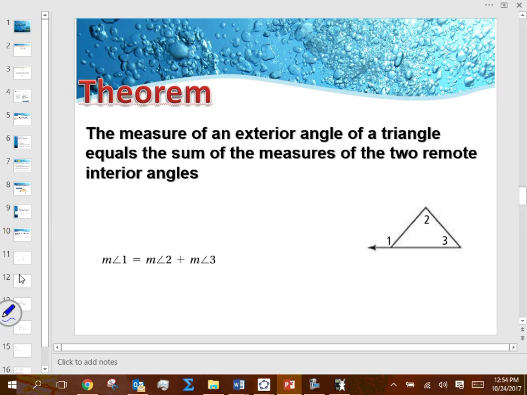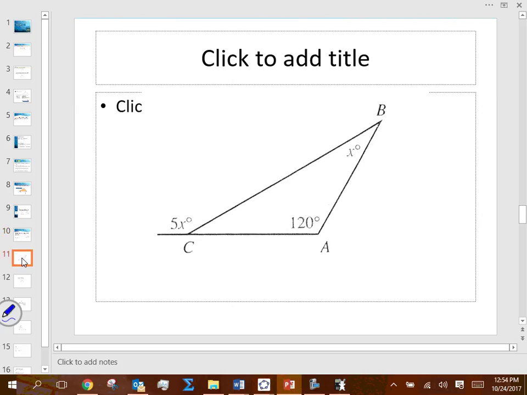All right, so I'll give you a couple examples before we get out of here. What can we do with that 5x to come up with a relation to solve for x? What kind of angle is that 5x? 5x is that angle out there. What argument can you make about it?